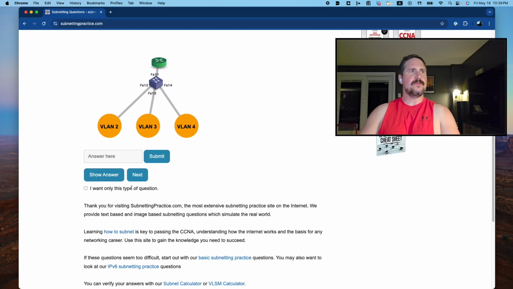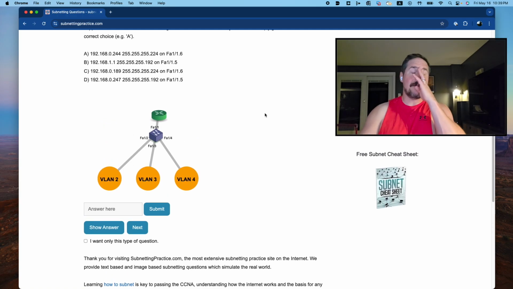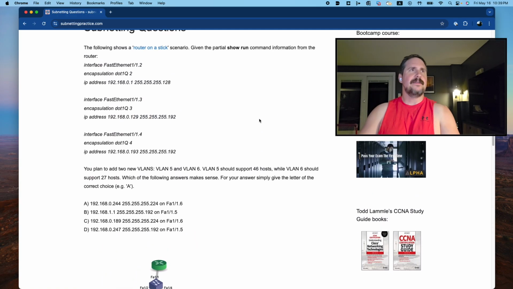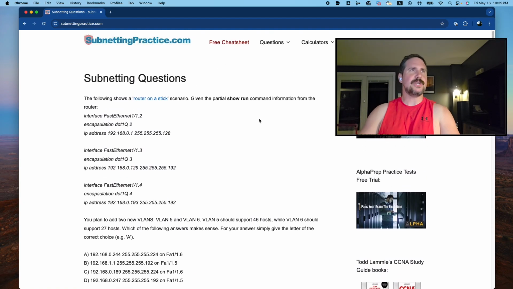I like to use this function whenever I get one wrong. I'll work out a solution, and if I get it wrong, I click this button so I only get this type of question going forward until I can consistently get them correct, and then move on to a different style question.